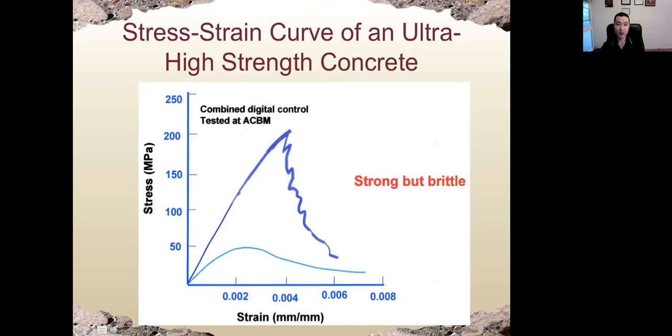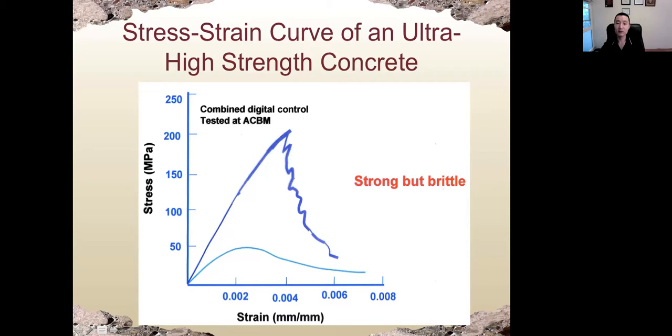Ultra high strength concrete has much higher strength, and also the slope is much steeper, which means the modulus of elasticity is higher. And there's not much post-peak behavior for this high strength concrete. As we can see, it is pretty brittle compared to conventional concrete.